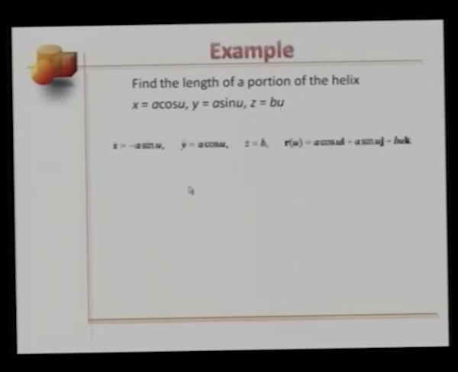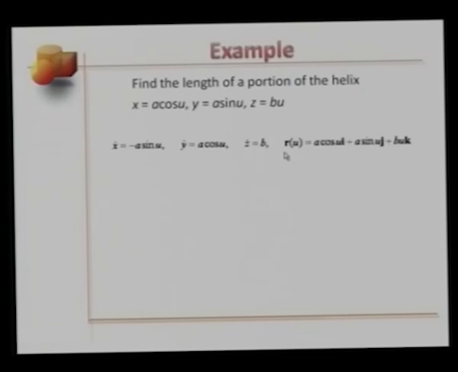All we need to do is compute x dot, derivative of x with respect to u, derivative of y with respect to u, and derivative of z with respect to u. x dot equals minus a sine u, y dot equals a cosine of u, z dot equals b.